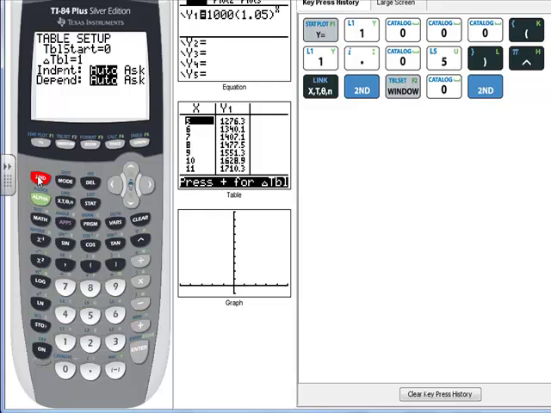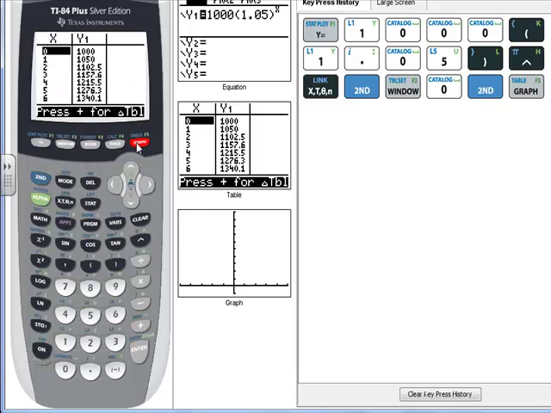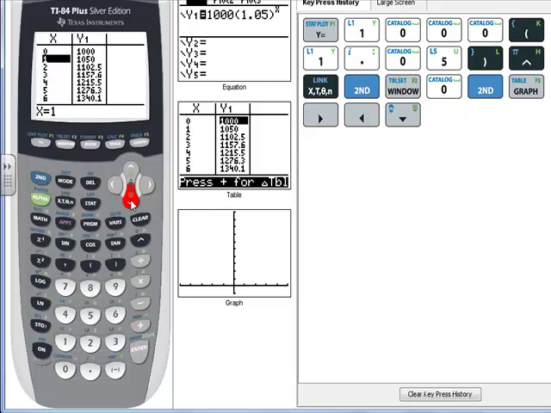And I'm going to go to my table, so I'm hitting second graph, and I notice, as I would expect, at the first year I have $1,000, and then without having to do every calculation, I can just scroll on down and see how much money I have at the end of each one of these years, and I am on the lookout for getting to be as close to 2,000 as I can.